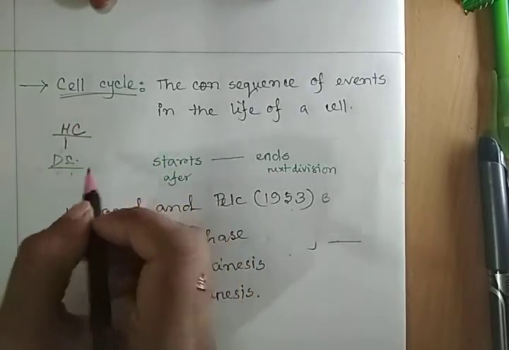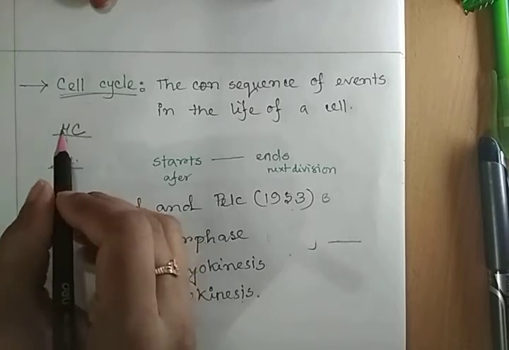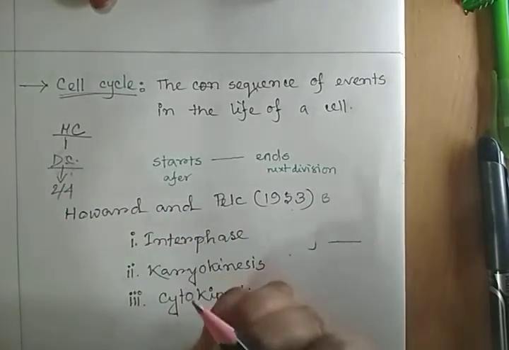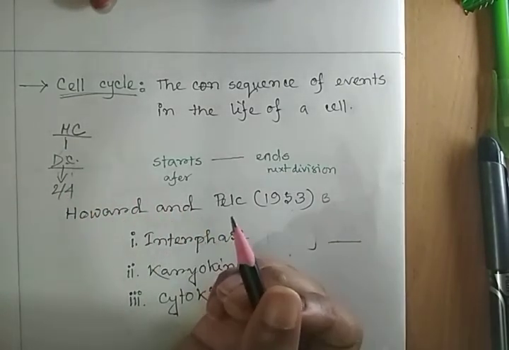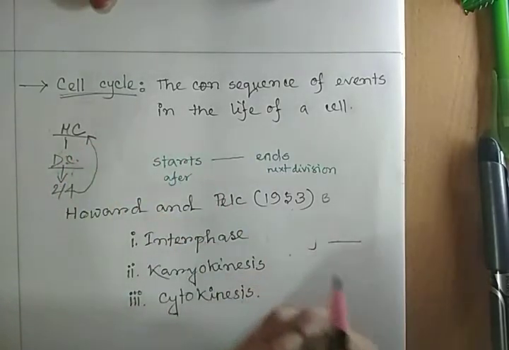By cell division, during cell division, one mother cell gives 2 or 4 daughter cells, and this daughter cell, after proper growth and development, becomes a mother cell and starts a new division.